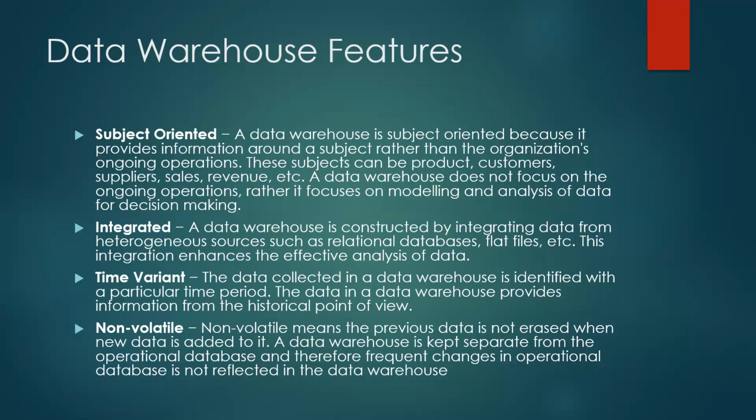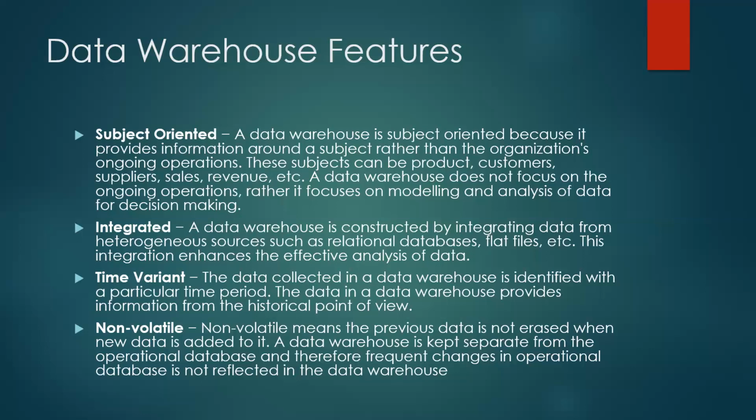Time variant: time is a very important key of a warehouse. If I need to know what happened in January 2023, December 2022 data will not be helpful. So data collected in a data warehouse is identified with a particular time period. The data in a data warehouse provides information from the historical point of view.